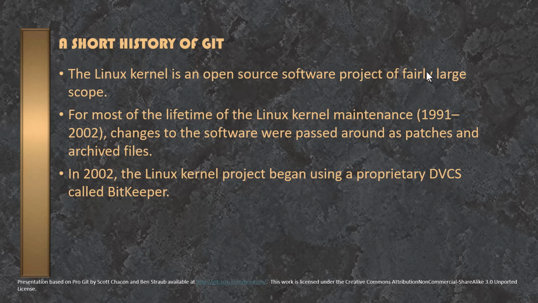So where did this come from? Well, the Linux kernel is open source software which has a really large scope, and basically the existing version control systems were creating some problems for managing this large open source project.